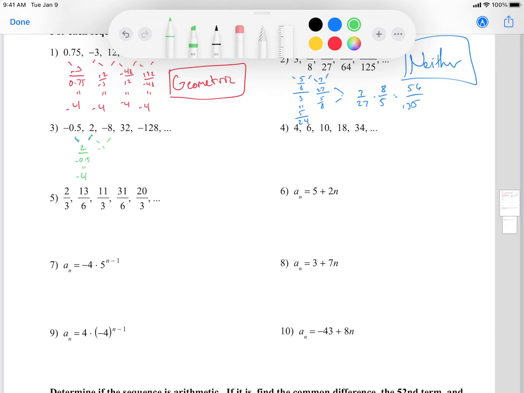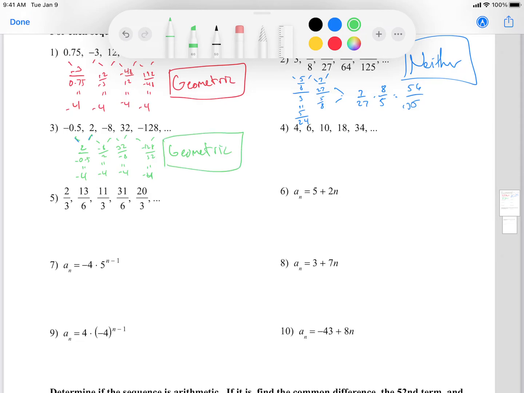Then I look at negative 8 over 2, which again equals negative 4. 32 over negative 8 again equals negative 4. And negative 128 over 32 again equals negative 4. Which means that this thing is geometric.